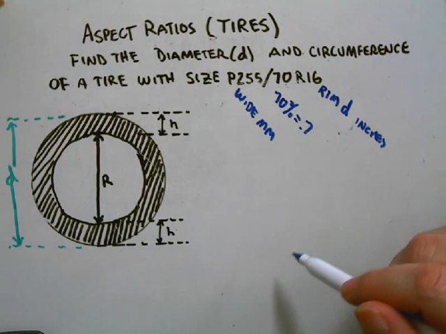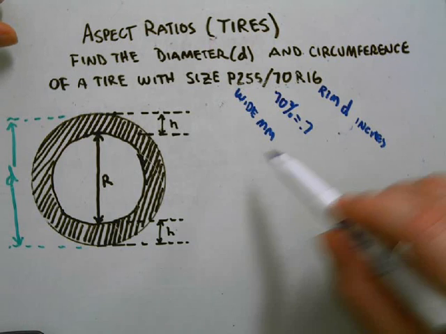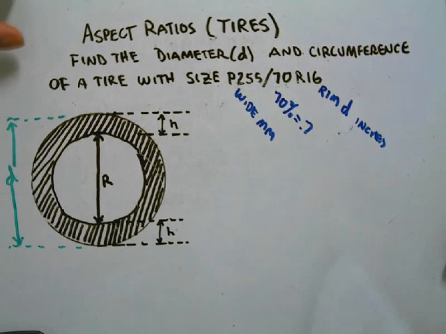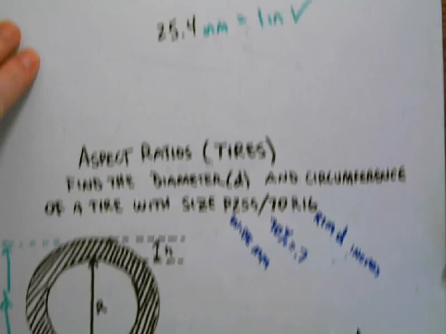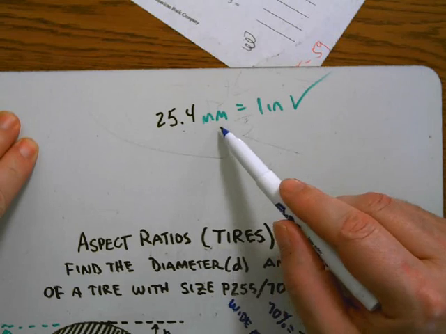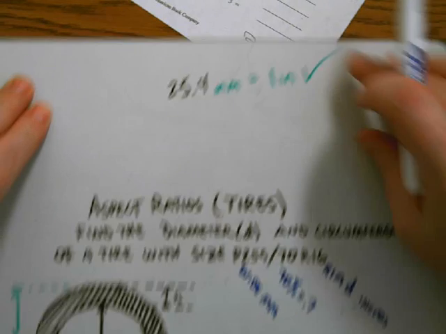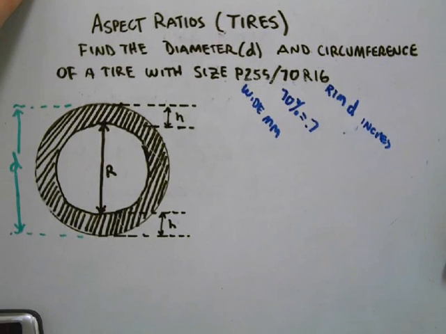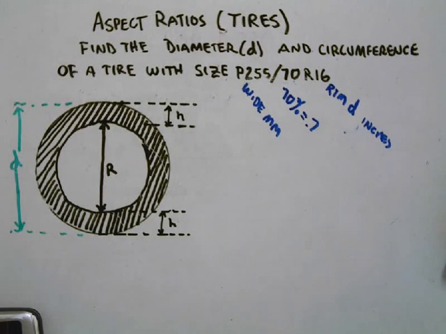We're going to convert it all to inches, and we're going to use this conversion right here. You can Google it. 25.4 millimeters per 1 inch is the going rate for converting. So that's where that number is going to come from. It's the conversion from millimeters to inches.